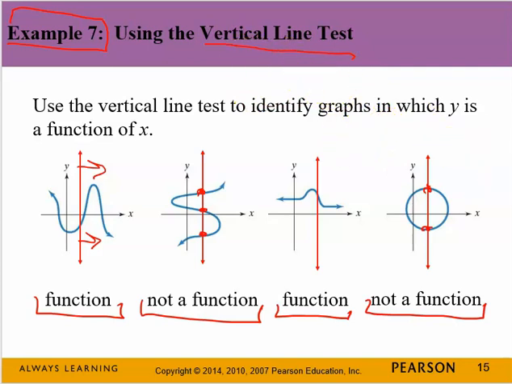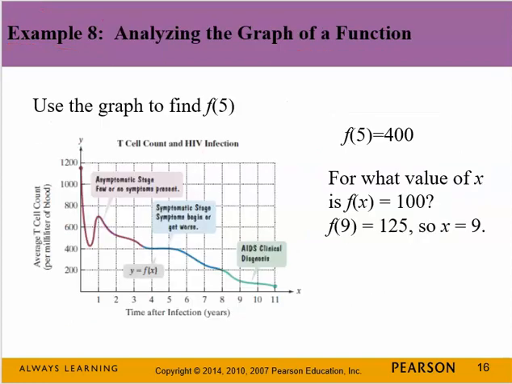Now they have some extremely useful graphic displays of things. So for example 8, it says analyzing the graph of a function. Here they're saying that our x value is 5 and our y value is 400.